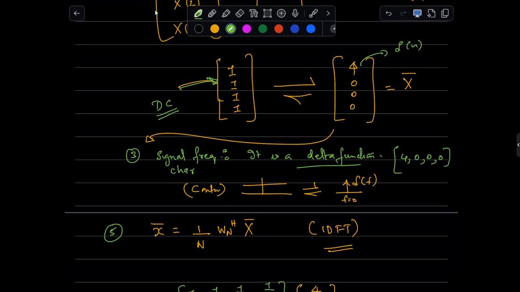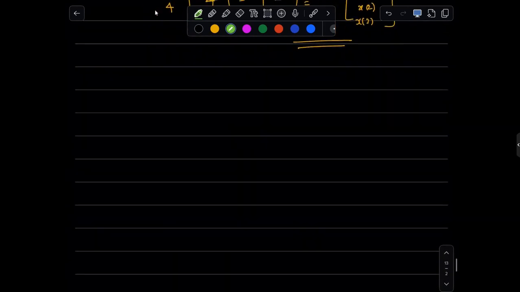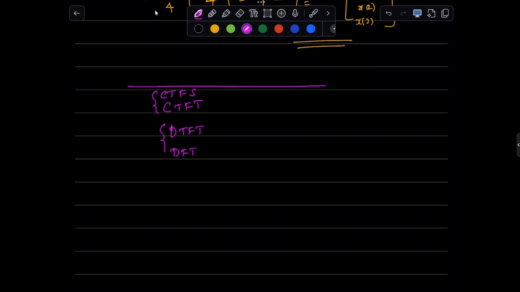Study well. This tutorial sheet is very, very important. The important parts that you have to study are: continuous time Fourier series, continuous time Fourier transform, then in the discrete case, discrete time Fourier transform and discrete Fourier transform. The last one is sampling.